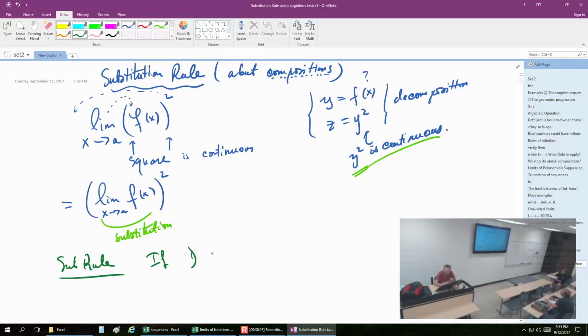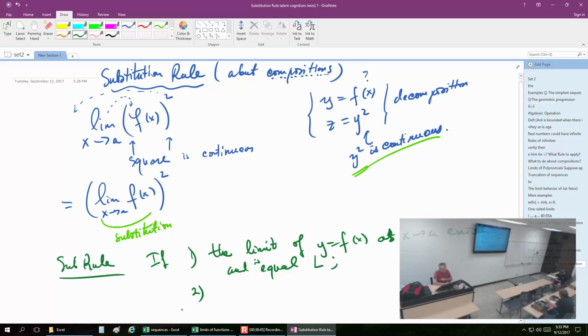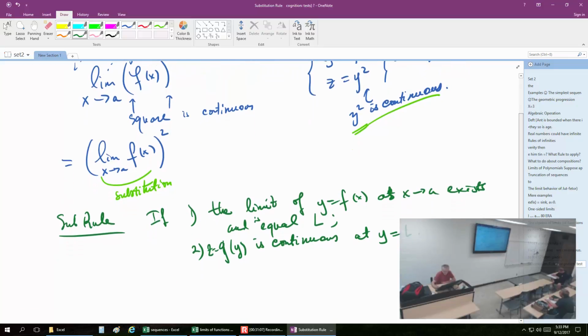So first, the limit of y equal f of x as x goes to a exists and is equal to L. And second is where the second function comes in, and now it is evaluated at L. So g, let's say z equal g of y, is continuous at y equal L. So that is the composition.